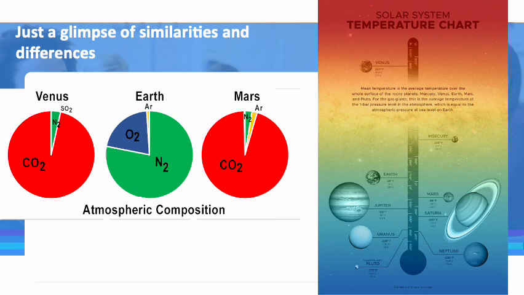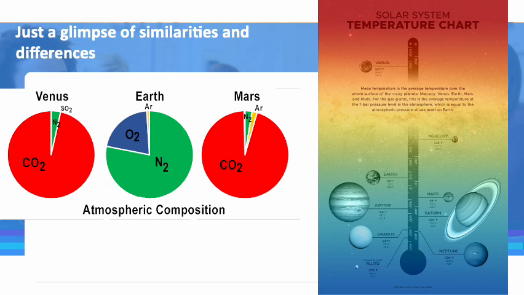You see that on Earth we have something like 15 degrees Celsius on average, while on Venus we would have 464 degrees Celsius. So it's really not very comfortable if you imagine that you would live there.